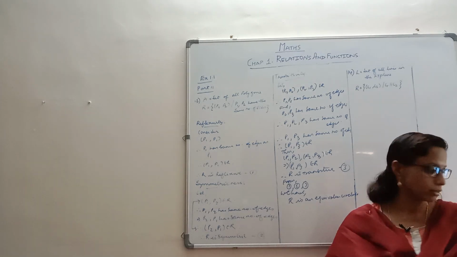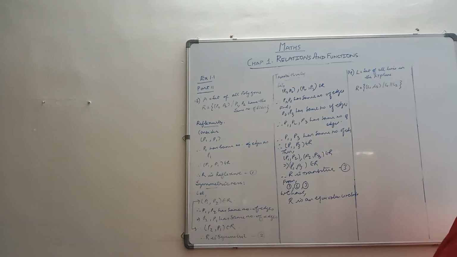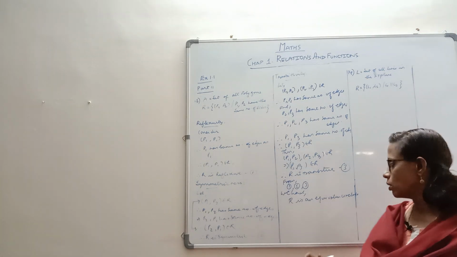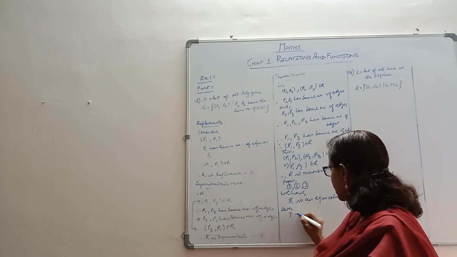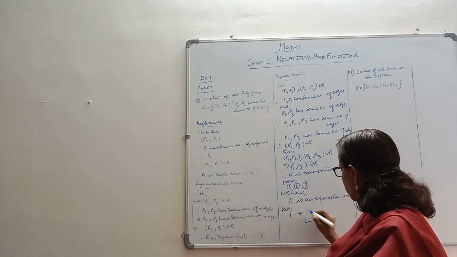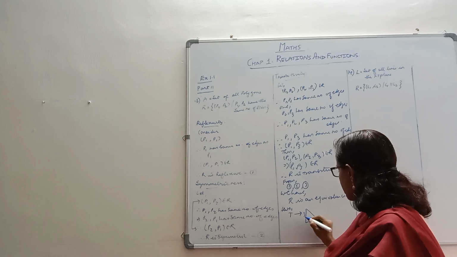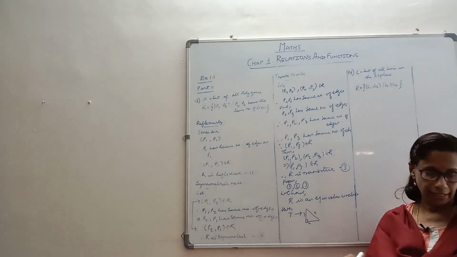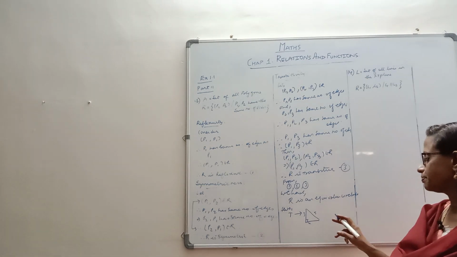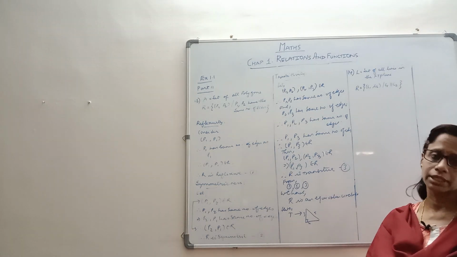Now there is another part, which asks: what is the set of all elements in A related to the right triangle with sides 3, 4 and 5? So here there is a triangle T with sides 3, 4 and 5. It's a famous Pythagorean triplet, so it will be a right triangle. So what all will be related to this?